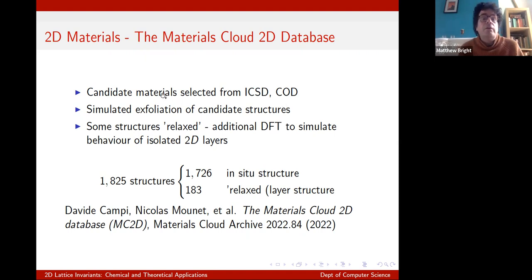Well, for some structures, they simulate the exfoliation and then perform additional DFT to say, if I isolate the layer, what does it look like? How does its lattice geometry change? We've got fewer structures here, a couple of thousand, 1,825. Most of these give you the in situ structure, but we've got about 200 of them which give you the relaxed layer structure.